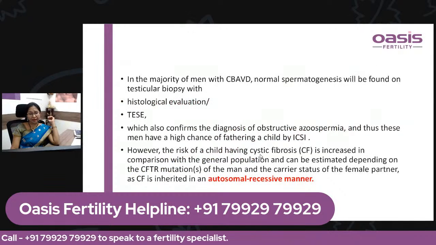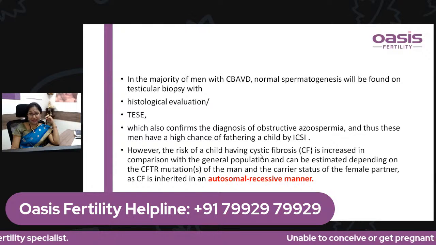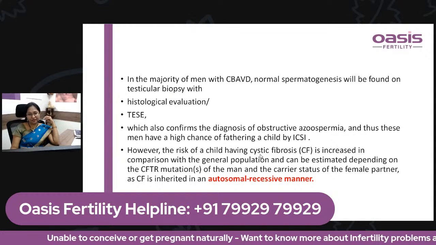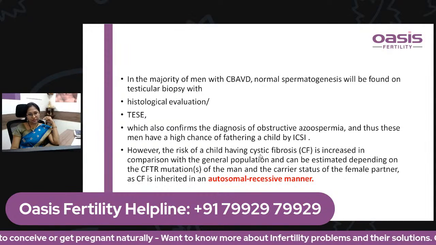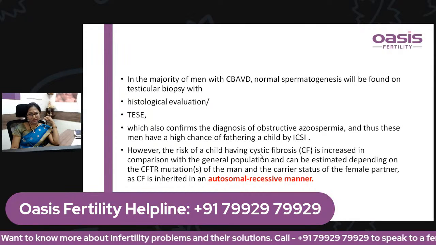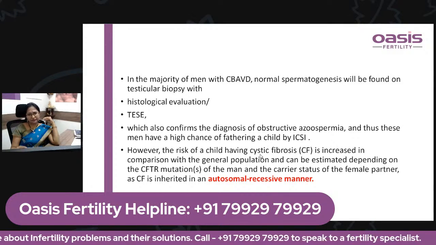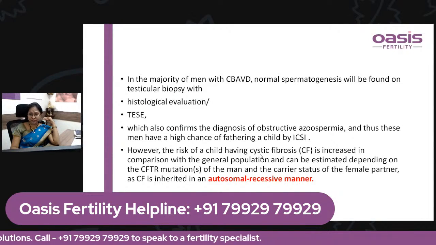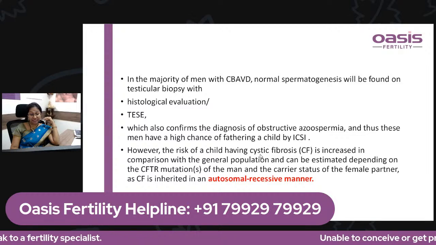The majority of men with obstructive cystic fibrosis will have normal spermatogenesis on testicular biopsy. So these people benefit most from testicular biopsy, and on histological evaluation or TESA, we will surely get sperm from these patients, which also confirms the diagnosis of obstructive azoospermia, and thus these men have a high chance of fathering a child by ICSI.